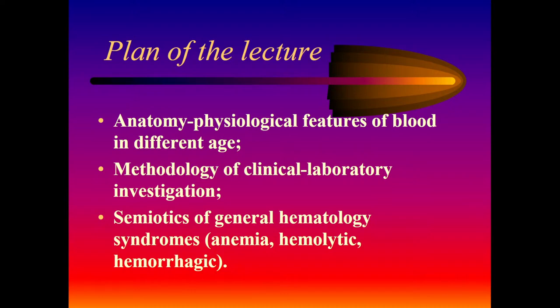The plan of the lectures includes: first, repeat anatomy-physiological features of blood in different ages during childhood; methodology of clinical laboratory investigation; semiotics of general hematology syndromes: anemia, hemolytic and hemorrhagic syndrome.